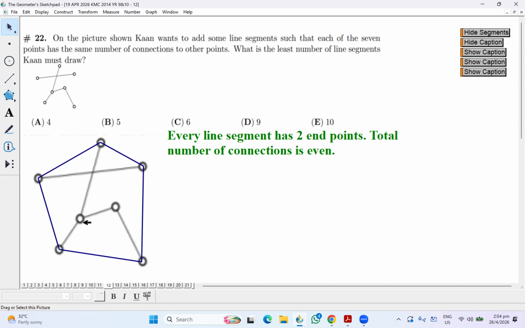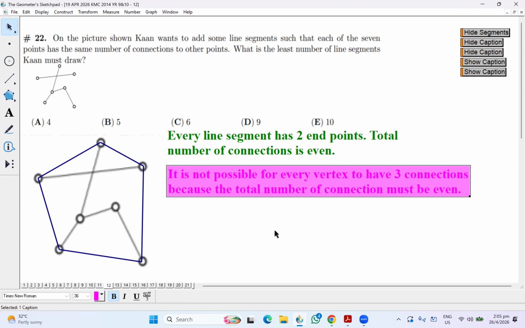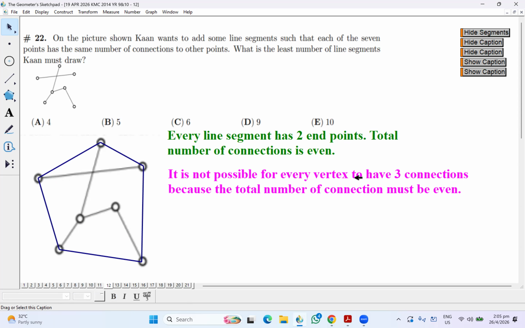So with 2 endpoints, the number of connections is even. Every line 2 connections. Another line 2 connections. Total even. So if you want every point to have 3 connections, to have the same number, it is not possible, because the total number of connections must be even.